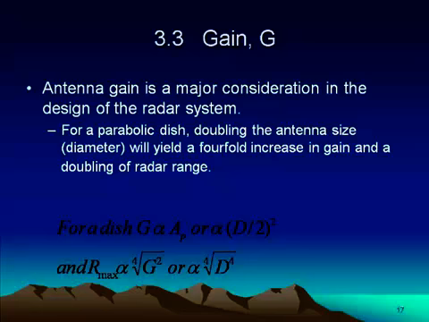So, let us see the case of a parabolic dish. For a parabolic dish, doubling the antenna size, that is, increasing the diameter of the parabola, will yield a fourfold increase in gain and accordingly a doubling of radar range.